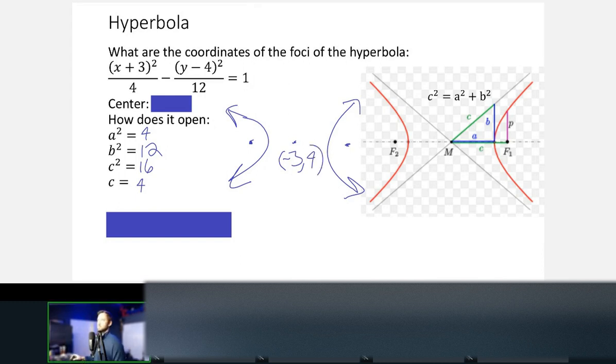Yeah, the x. So we're just going to do -3 minus 4 and -3 plus 4 to get the x coordinates of the two focal points. The y coordinate is always going to be 4, obviously, because we're going left and right, not up and down. So yeah, pretty straightforward. Diagrams are great. Oh yeah, and then our center, we already know it's -3, 4.